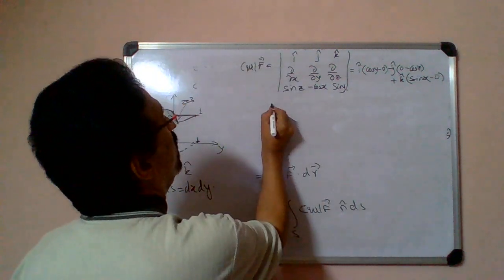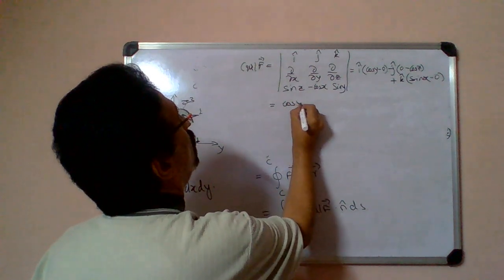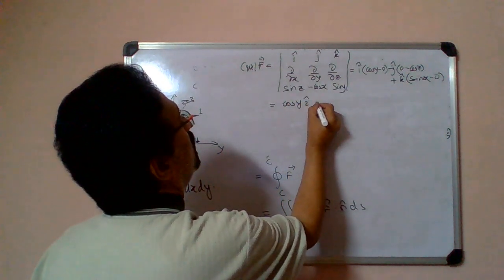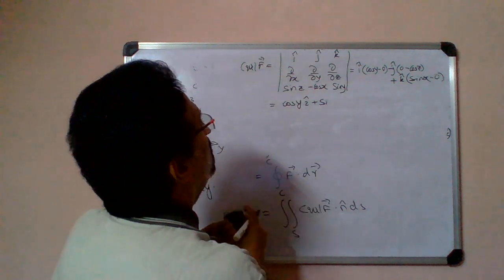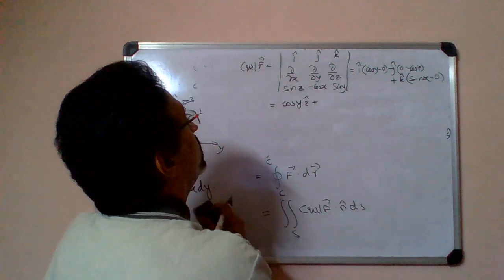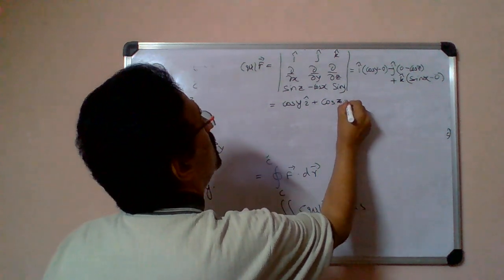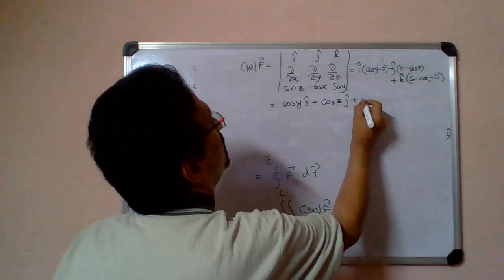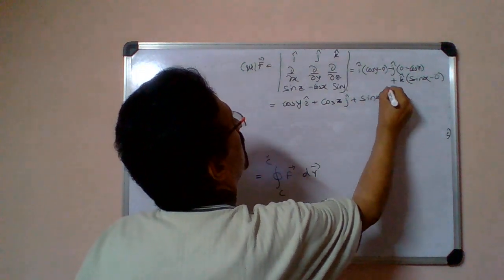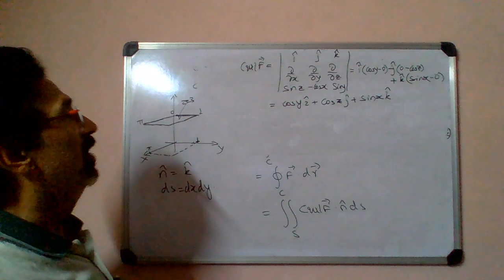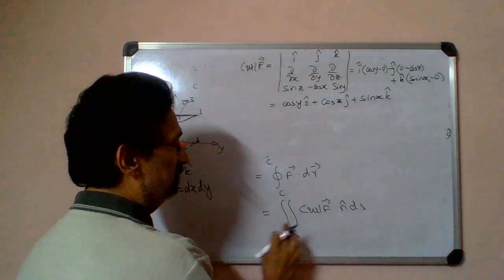So therefore what is curl f now? Curl f will be equal to cos y times i cap plus cos z times j cap plus sin x times k cap. So I got curl f bar now. Now what is my next aim?